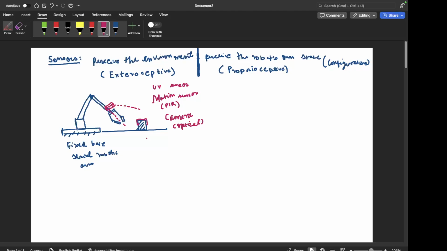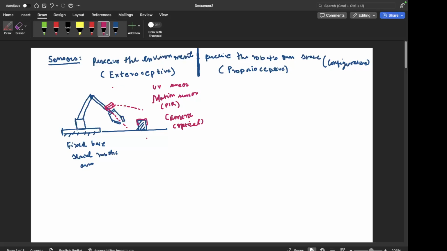Okay, so let's say I mount a camera close to the end effector here, so that the arm now has a view of what's in front of the end effector or the gripper, right?